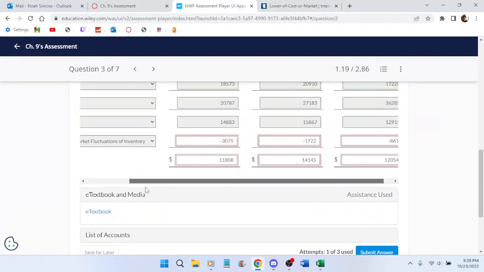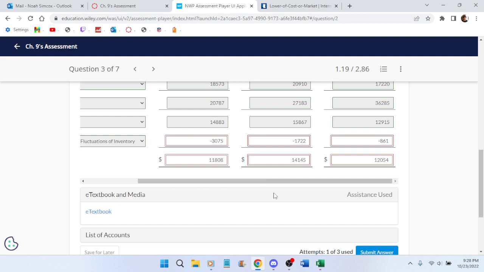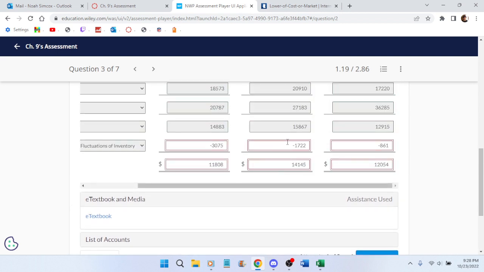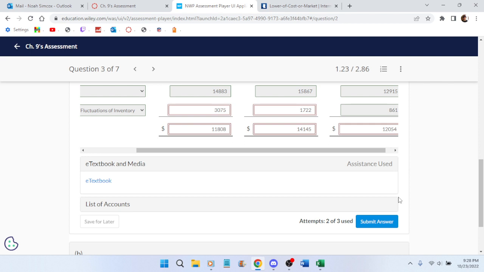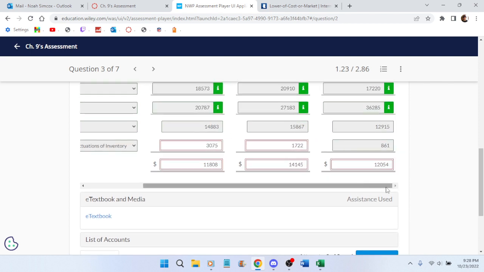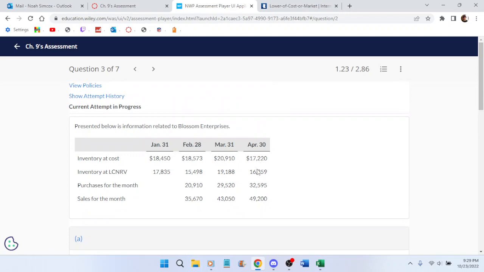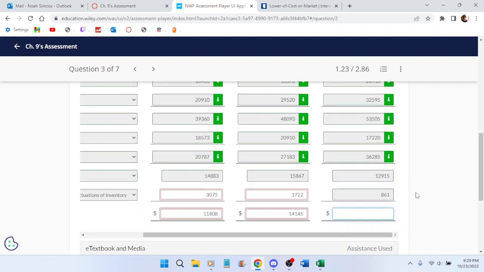It's hilarious. This is ridiculous. How? At this point, I'm just going to do this. It's not going to change anything. What? It literally changed this? How did that happen? Okay, well, at least I know what this is now, but I don't understand this. I did this minus this to get 861.